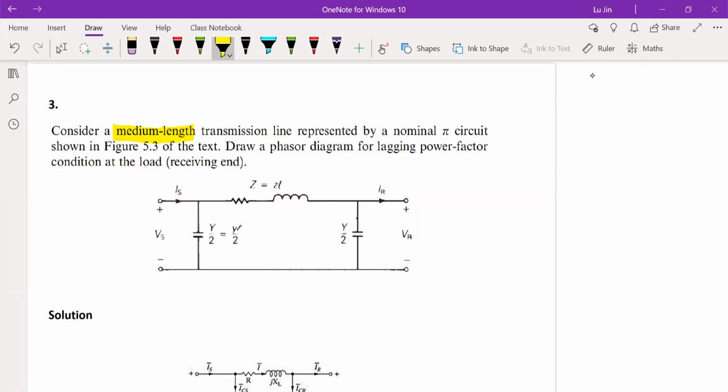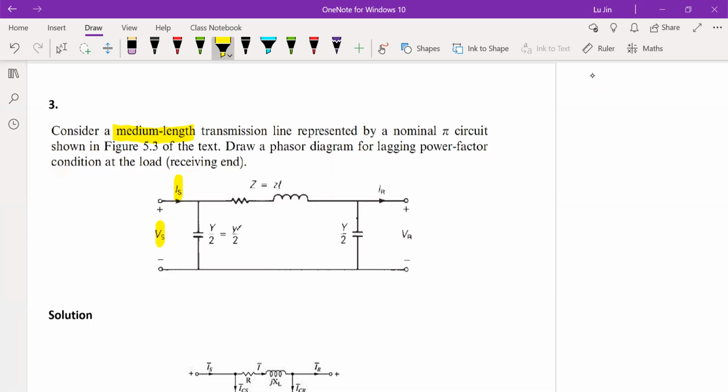In this given diagram, we can see some similar things as we discussed in the short transmission line. First of all, at the sending end, we have the sending end voltage and sending end current. These are just the voltage and current provided by the generators at the sending end.